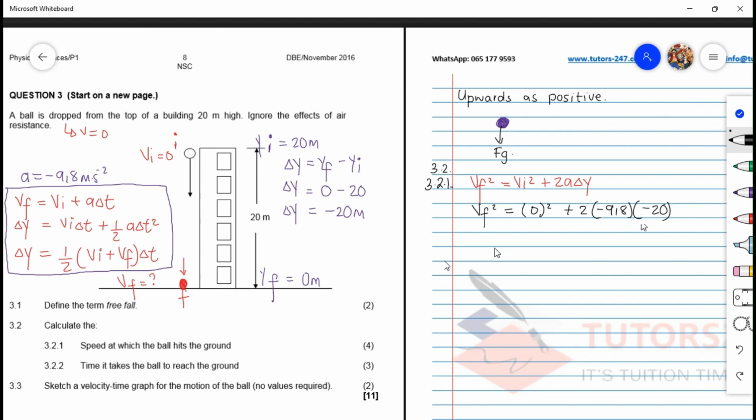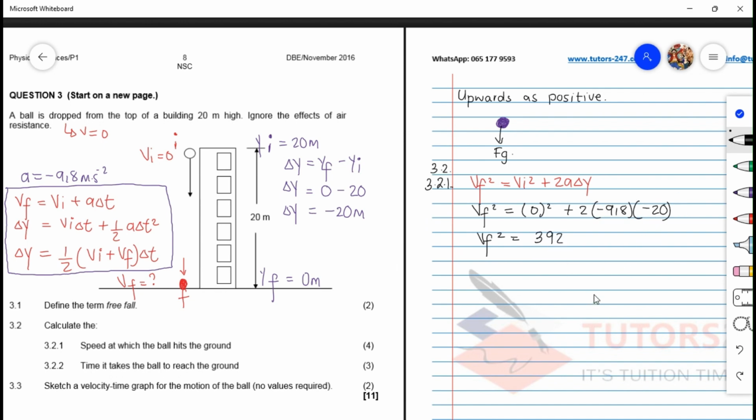Now, from here, we can put all of this into our calculator. On your calculator, you can put 0 squared plus 2 times negative 9.8 times negative 20. That will give you a value of positive 392.